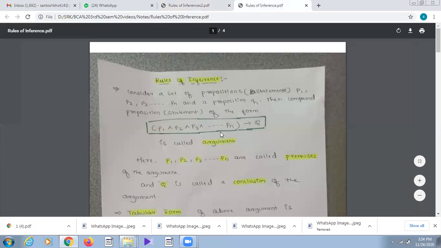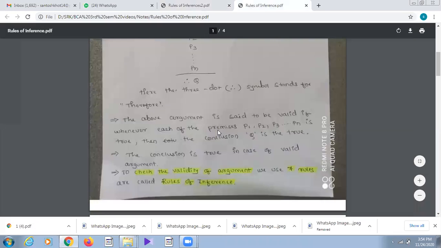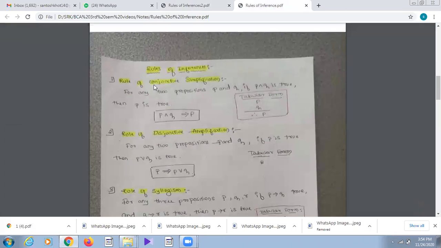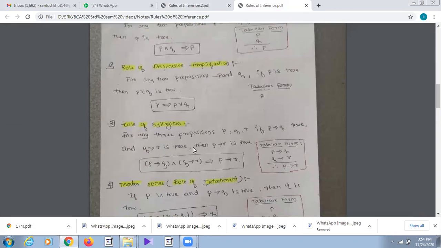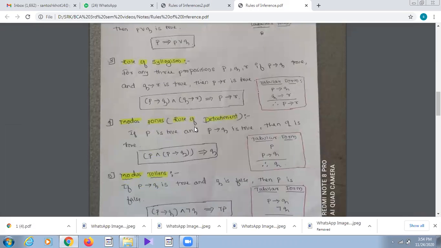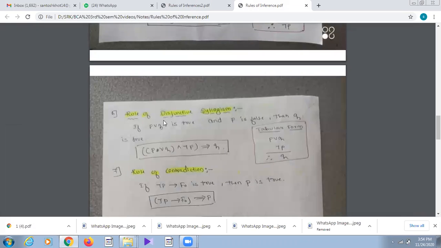So these are the rules: rule of conjunctive simplification, rule of disjunctive amplification, rule of syllogism, modus ponens and modus tollens, rule of disjunctive syllogism, and next the rule of contradiction.